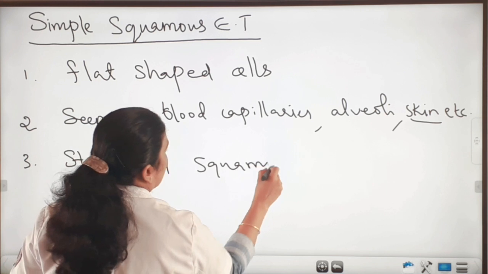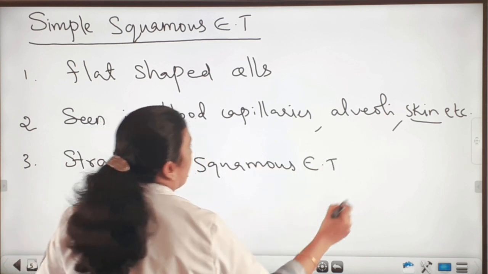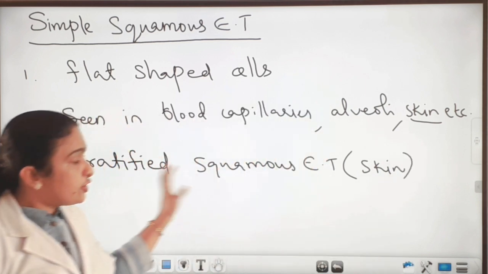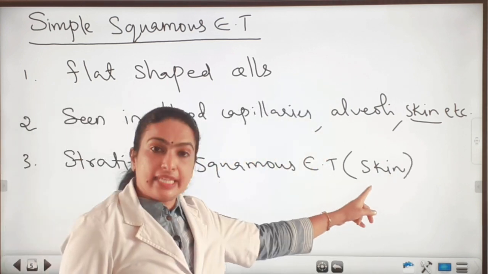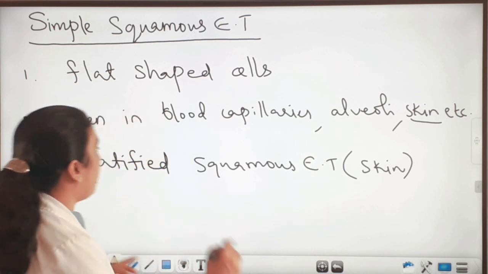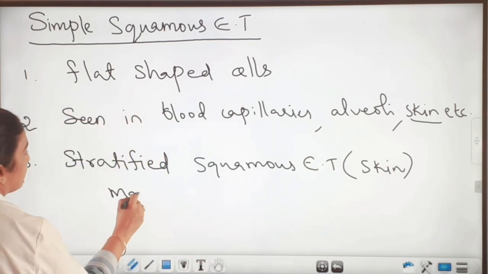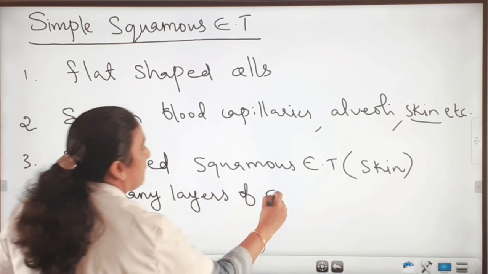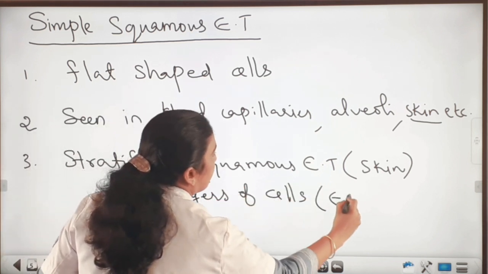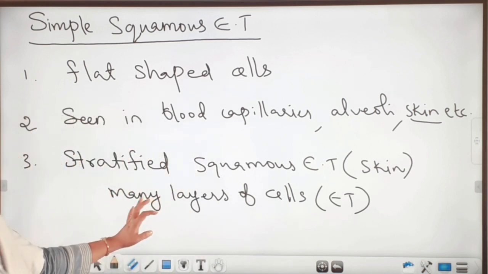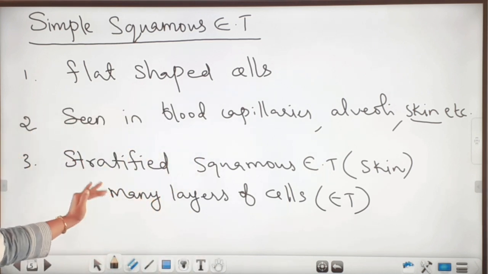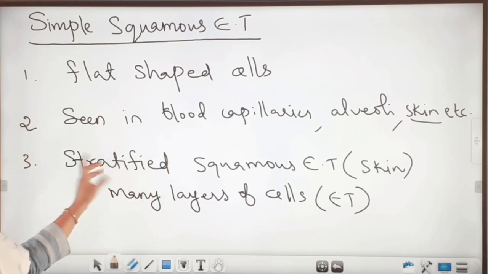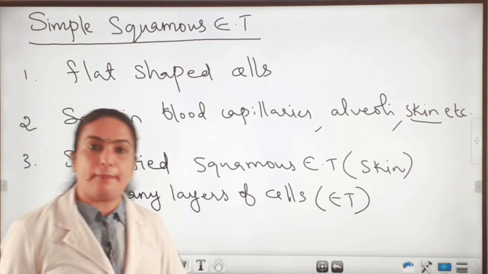Stratified squamous epithelial tissue can be seen in skin only, because in order to prevent wear and tear, the skin is made up of many layers of cells. Such tissue made up of many layers of cells is called stratified squamous epithelial tissue.